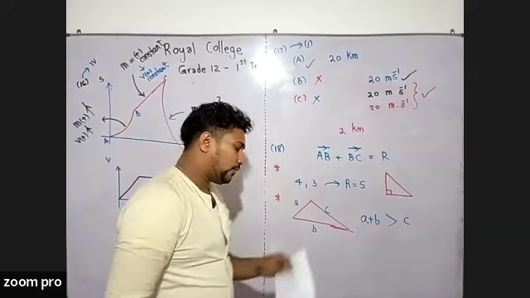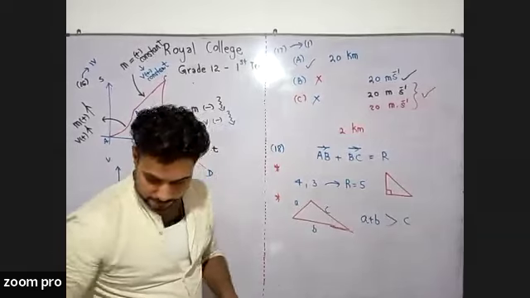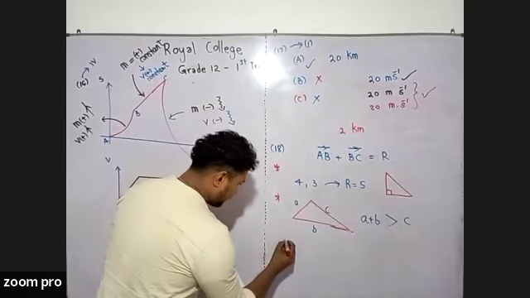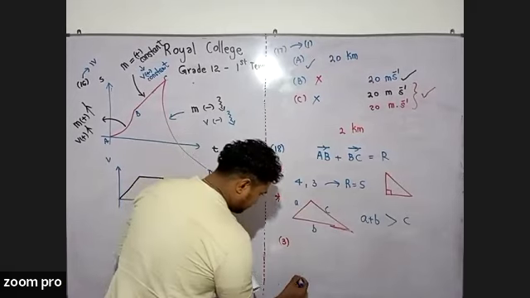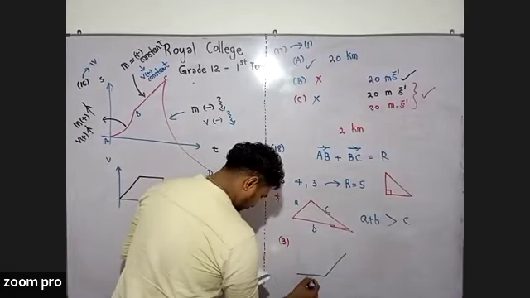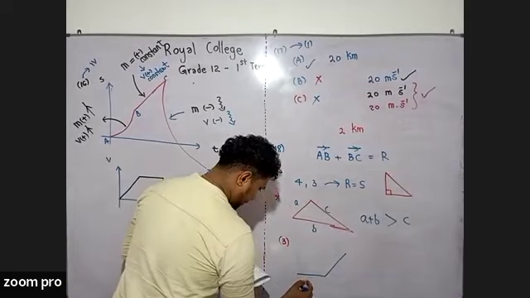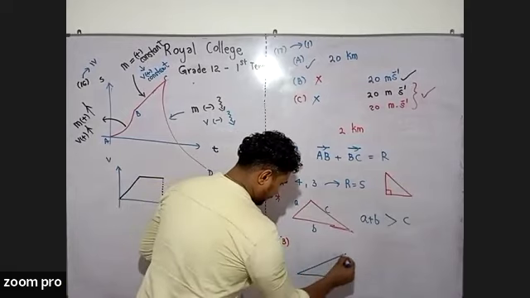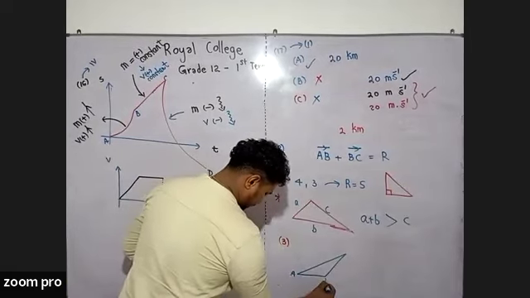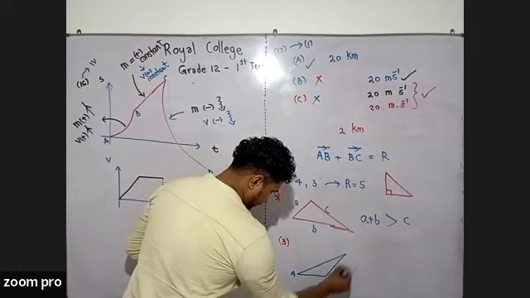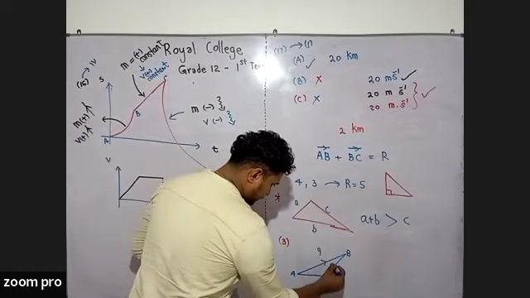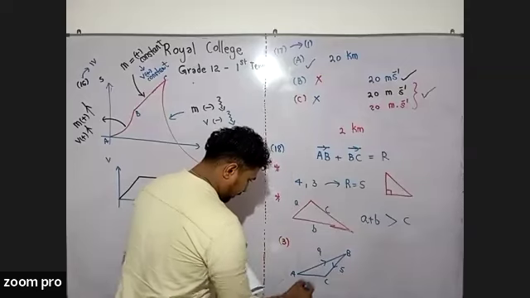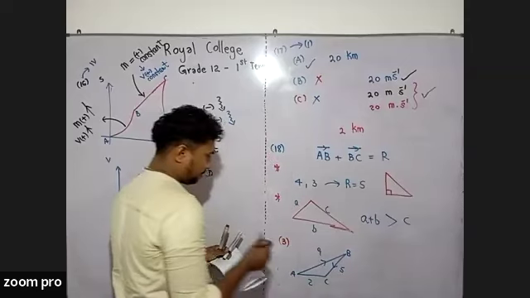So when we come to the third answer, in the third diagram, it is mentioned that A is 9, this one is 5, and this one represents the 2.